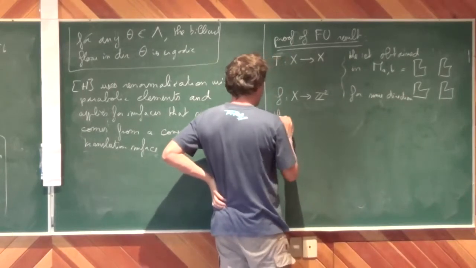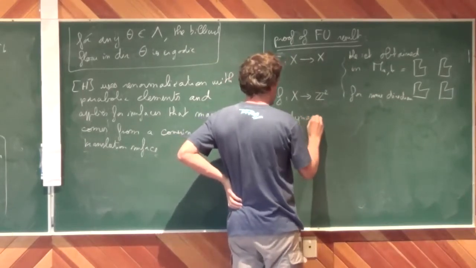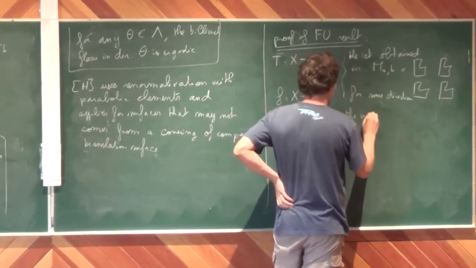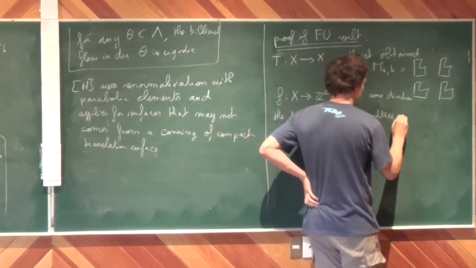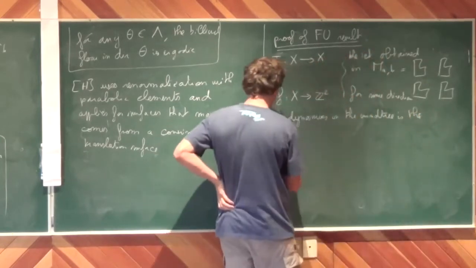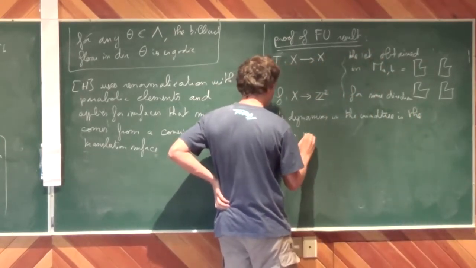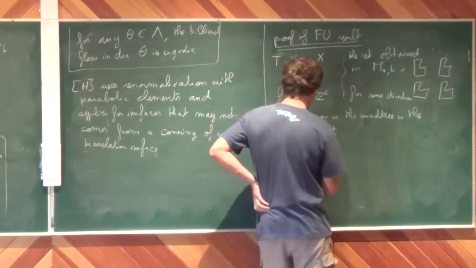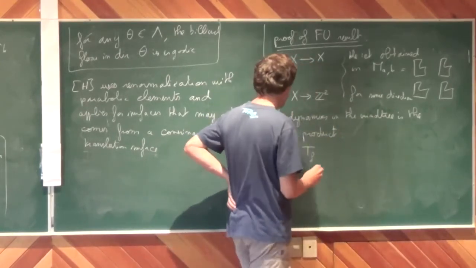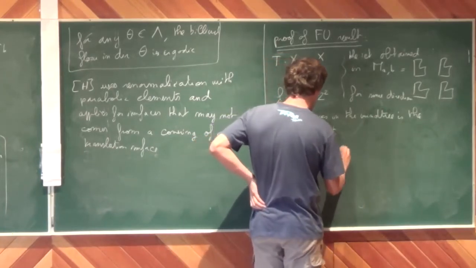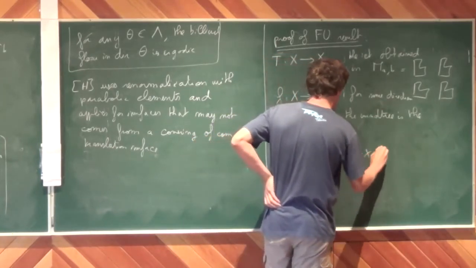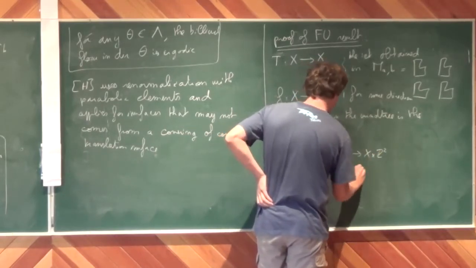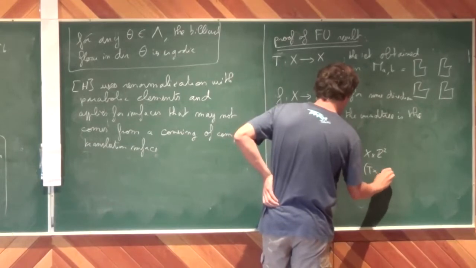So the dynamics in the window tree is the skew product that I call T_F, which goes from X cross Z^2 to X cross Z^2, and a point (x, i) maps to (Tx, i + f(x)).